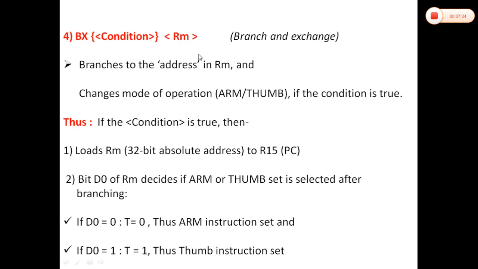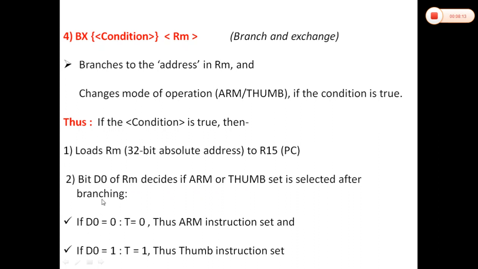So when this instruction is executed, if the condition is true, then these steps are taken. The instruction will load the content of RM into the program counter, so the branching will occur, and then depending upon the bit D0 of the register RM, the mode will be changed to ARM or thumb. It will remain in the ARM mode or it will go to the thumb mode depending upon bit D0 of the register RM.